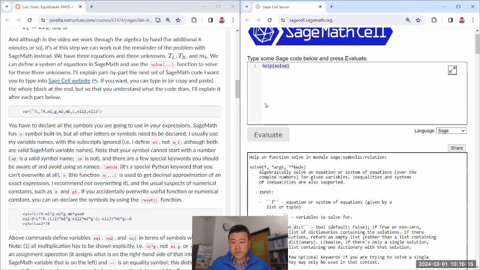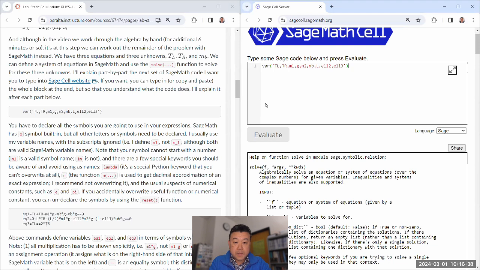So there's this first line where we are defining all the variables. So TL, TR, M1, G, M2, MB, L, and because I have a couple different things named L, for the next 2 things I'm just going to spell out L2, L3.